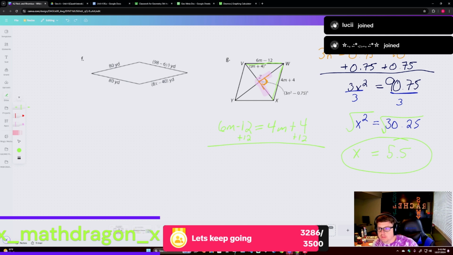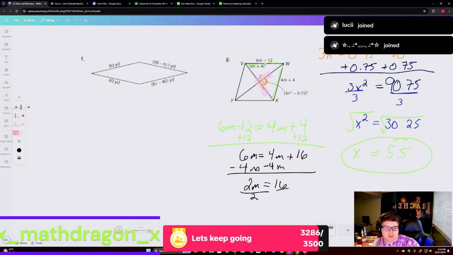We're going to get 6m equals 4m plus 16. Subtract 4m from both sides. And 2m equals 16. Divide by 2. M equals 8. So then if I do 6 times 8 minus 12, 48 minus 12 is 36. So the measure of this is 36.